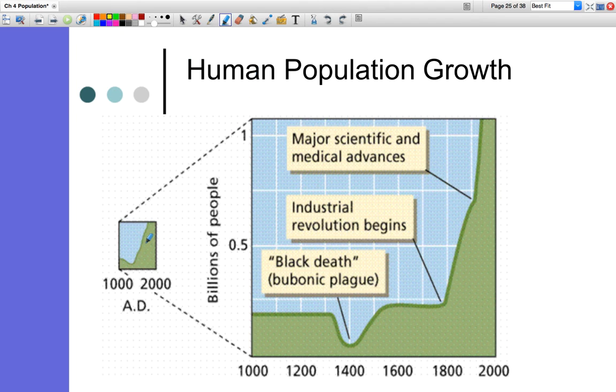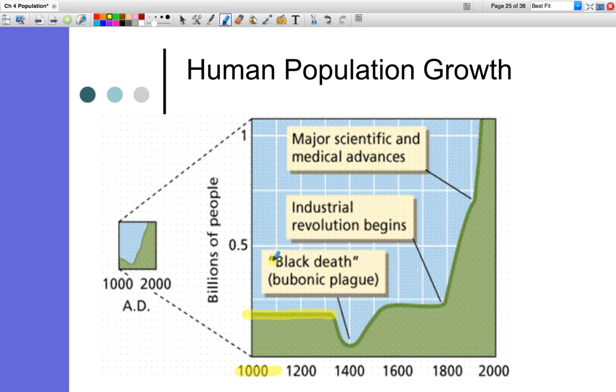So, human population growth, as we saw in the video, we have the year 1000 down here, and we can see that the human population was under 500 million people in the year 1000. We're very steadily growing through the years 1100, 1200, 1300.